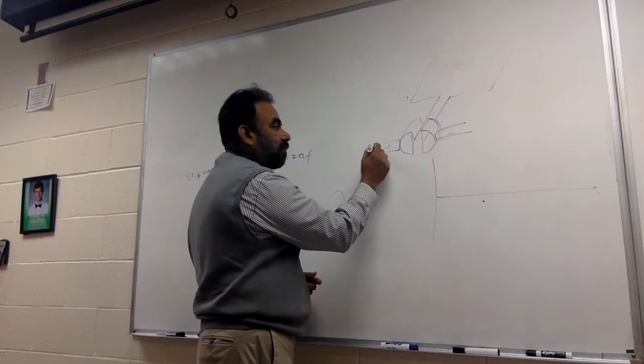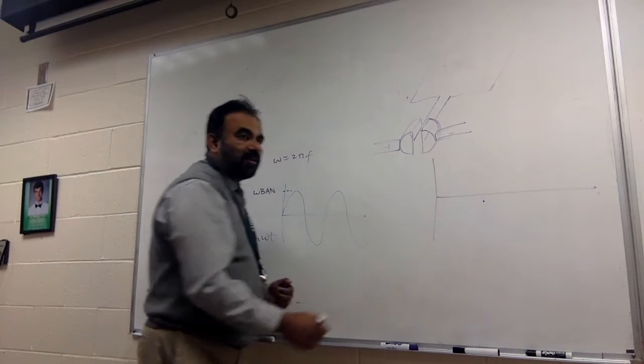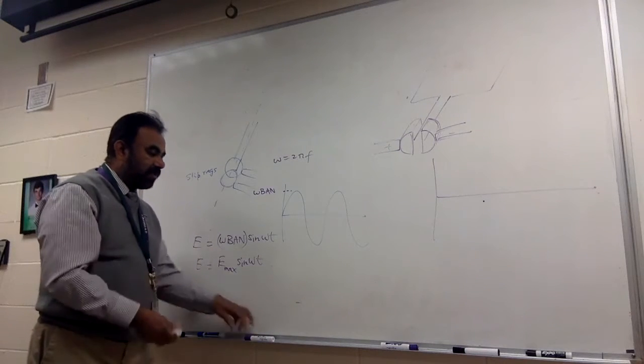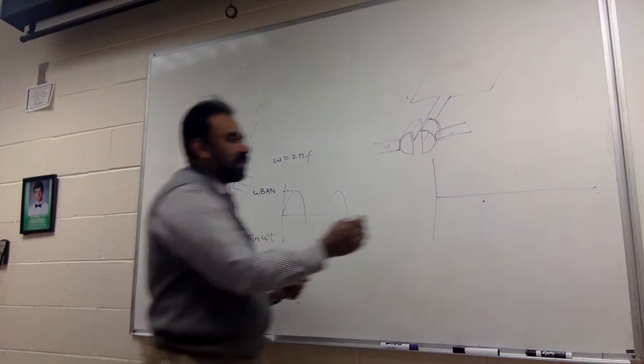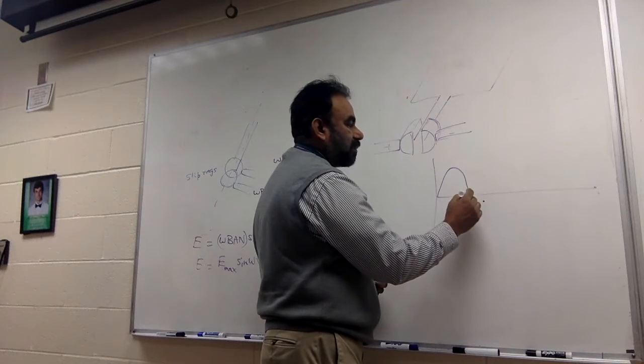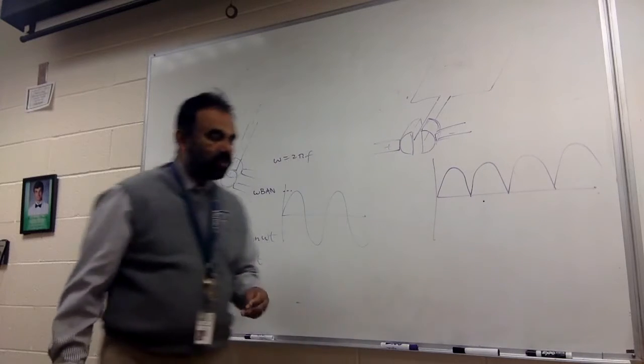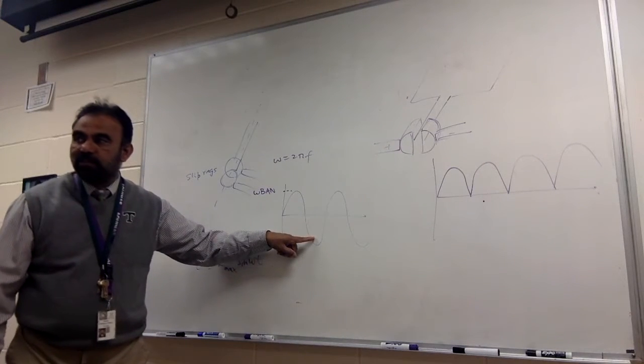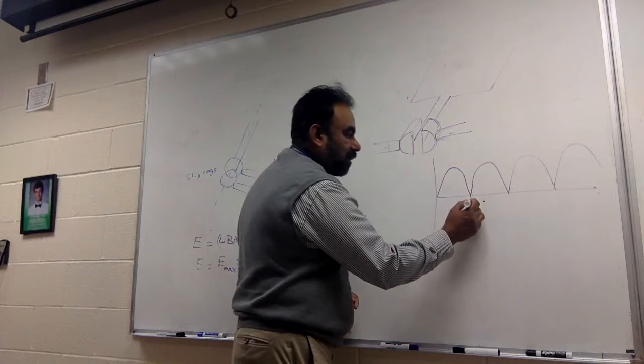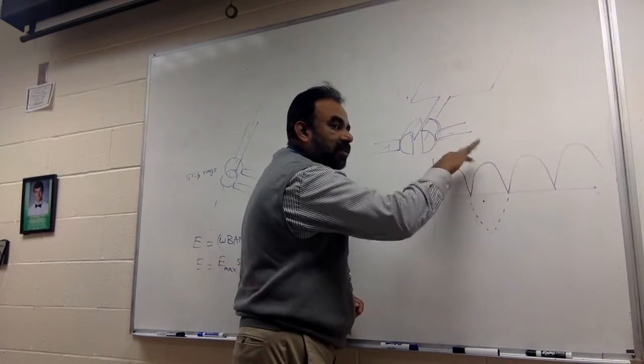And so when you plot this over here, what's going to be the shape of the graph? The shape of the graph is going to be this. So you won't have the negative part. In other words, this part is flipped.